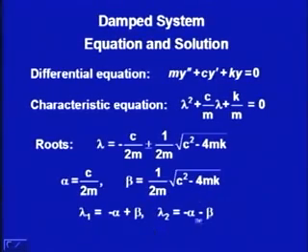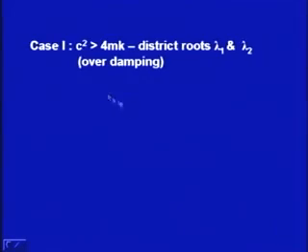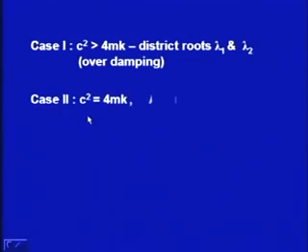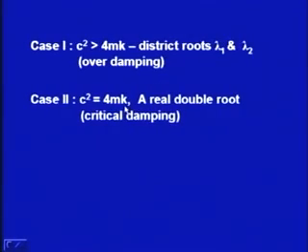So, we will have three cases. Case 1 is when c square is greater than 4mk. In that case, we will have two distinct real roots, lambda 1 and lambda 2. This case is called over damping. The second case, when c square is equal to 4mk, we will have double real roots.